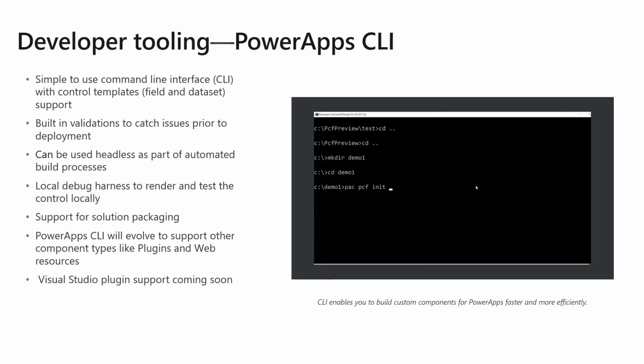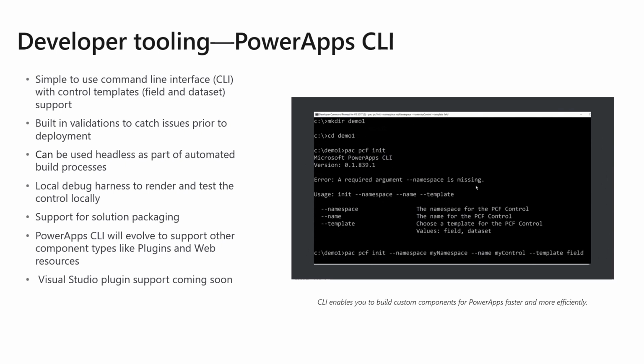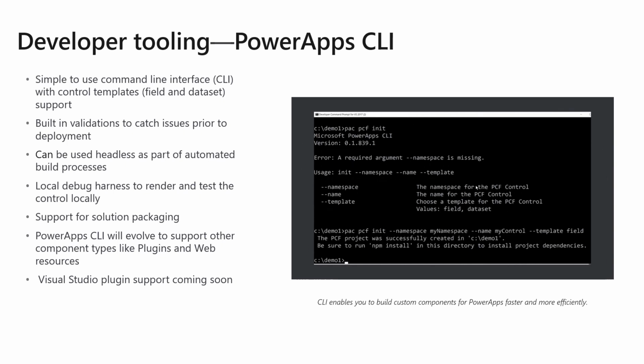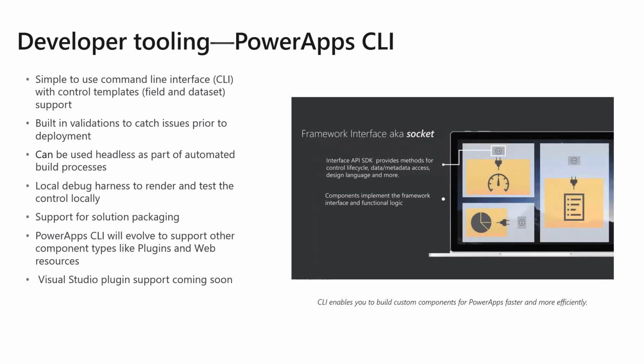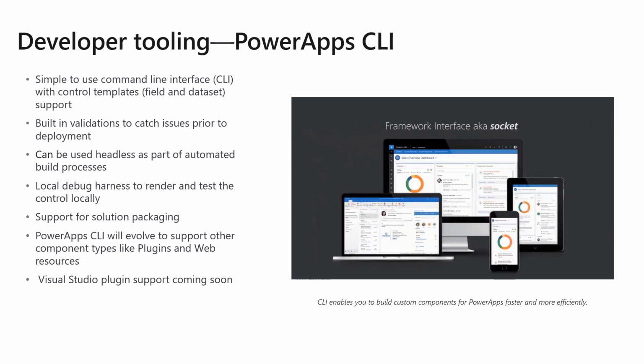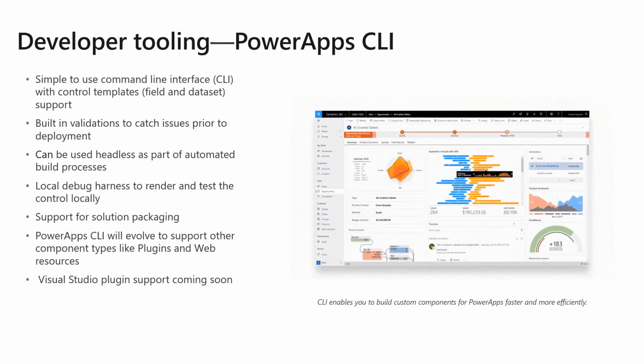Before we talk about the PowerApps component framework, I wanted to introduce you to one of the tools that we'll be using in building the PCF components, and that's the Developer Tooling Command Line Interface, or the PAC command. This essentially is used as part of tooling for the PowerApps component framework. It allows you to initialize the component, so essentially templating out some of the initial pieces of the component that you're going to build, allowing you to jumpstart that activity.